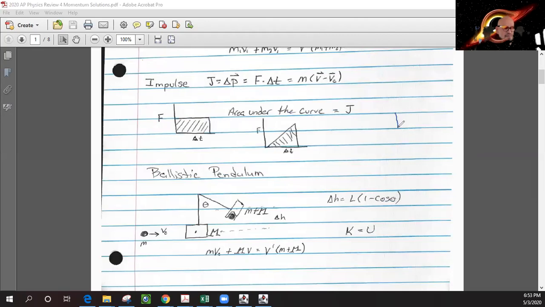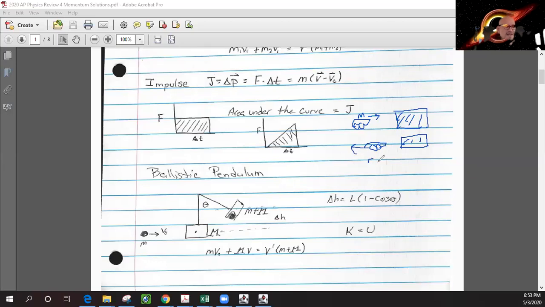Remember this lab where we had a box like this, and we had a cart with some mass that went this way, struck the box, and then bounced backwards like that.